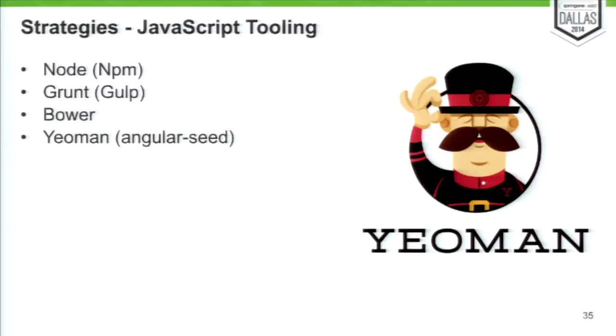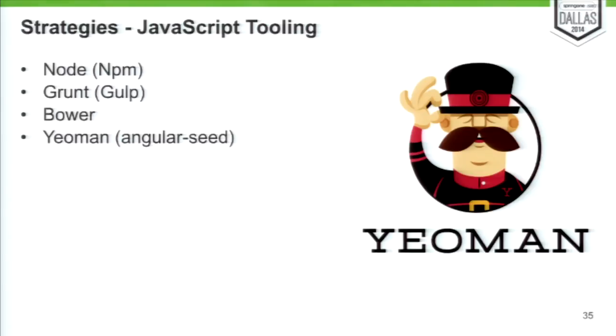But the current seed projects, for example, I'm using Yeoman and in particular the Angular seed to bootstrap my application. They provide you a really nice Gruntfile that provides all the optimization points you could ever think of that we as Java web application developers never even really considered.